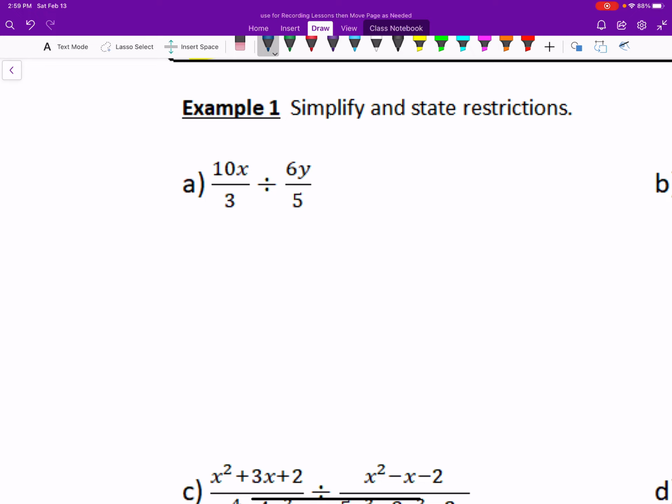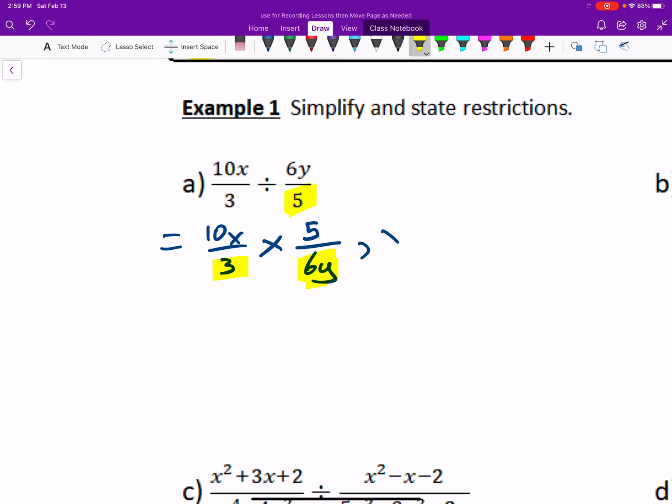So again, I can't factor it because they're monomials. It is division, so I will flip the fraction after the division sign upside down, change this to a multiply, and I can carry on from here. But as far as the restrictions go, I need to look at the 3 that was here, obviously no restriction from that, the 5 that was originally on the bottom, and the 6y that's currently on the bottom.